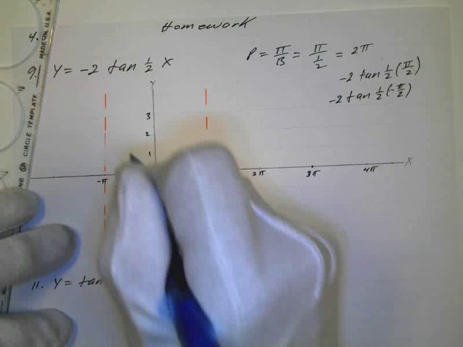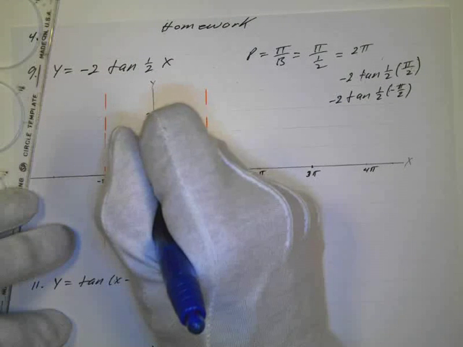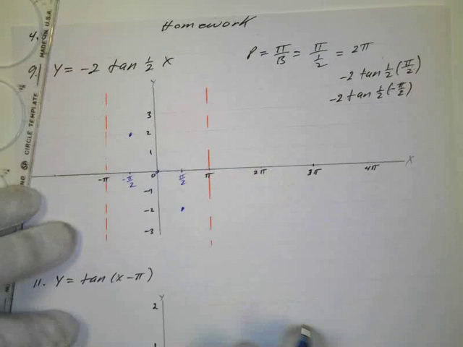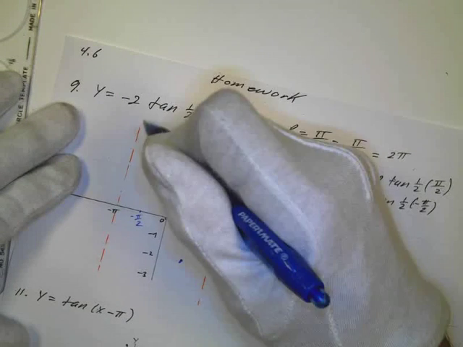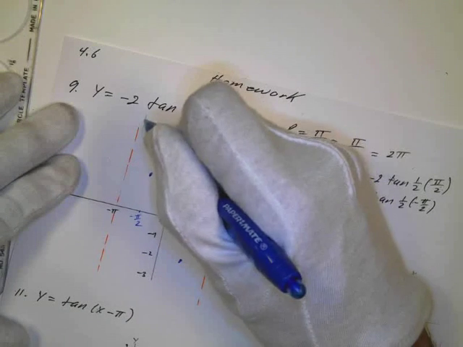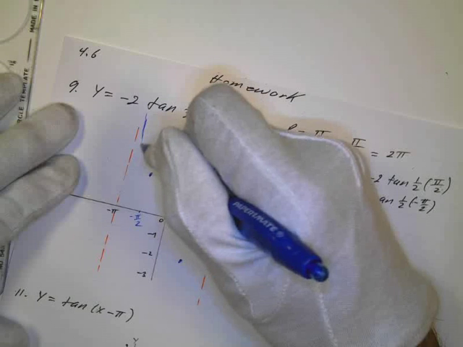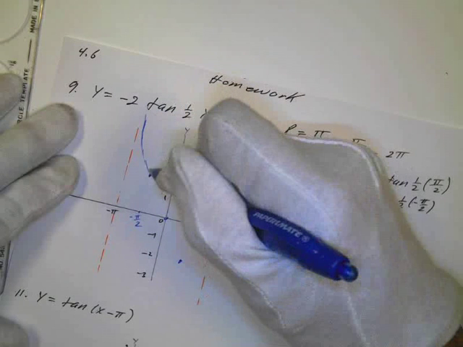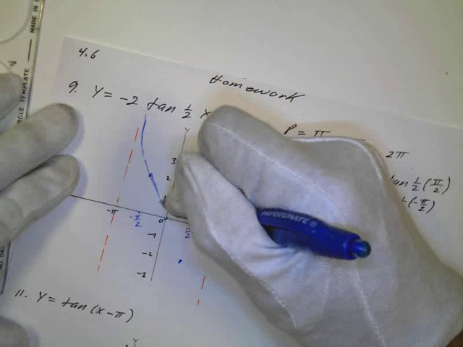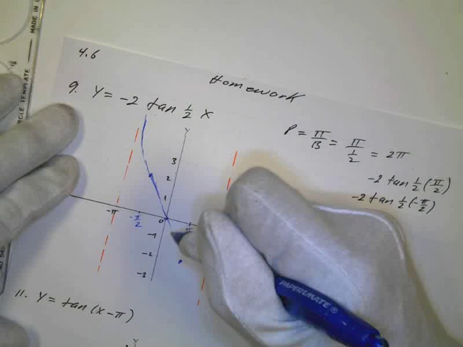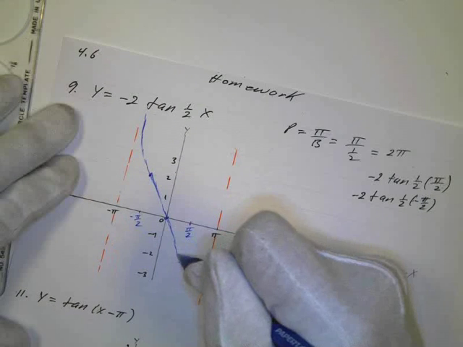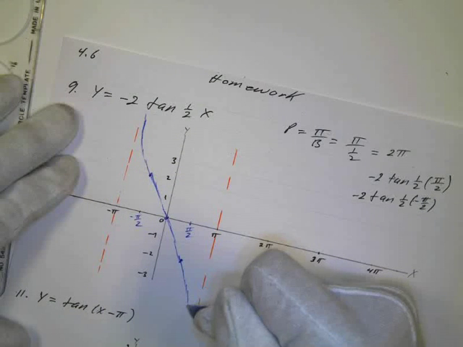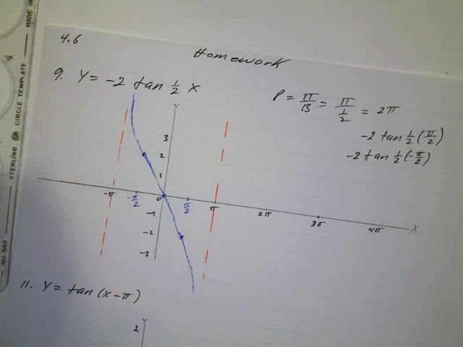So my other checkpoint will go over here at positive 2. And once you have those checkpoints in, you can see how it's going to go, because it's kind of flipped. It's going to come down like this, curve around here, go right through that center point, and come back down here and start heading towards that asymptote.